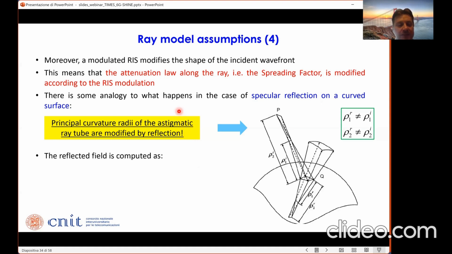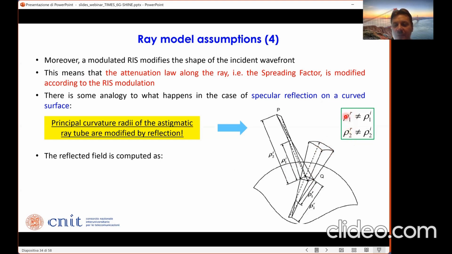This is very similar to what happens, for example, in the case of an incident wave on a curved surface. In the case we have an astigmatic wave incident on a curved surface, the reflected wave will still be astigmatic, but the local principal curvature will change.